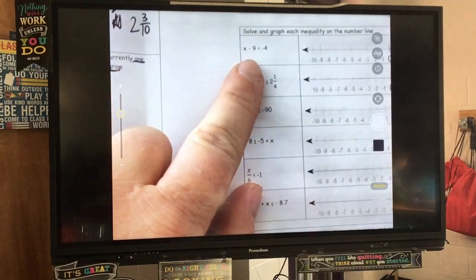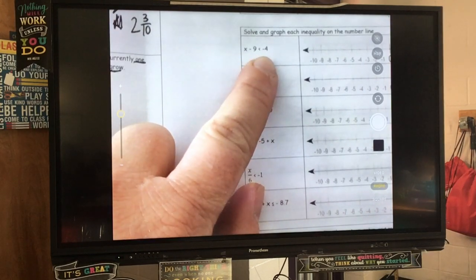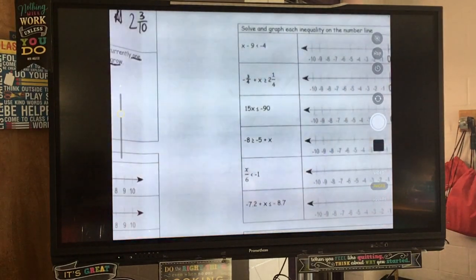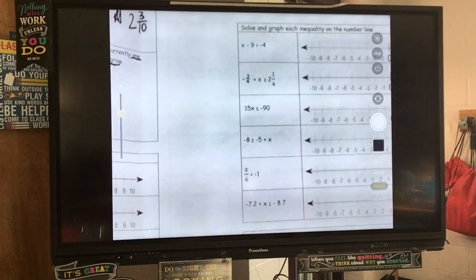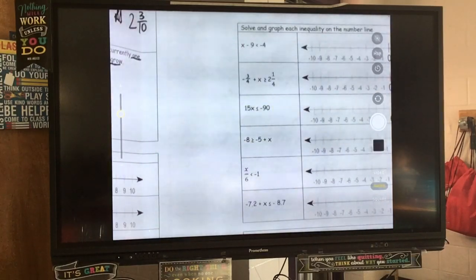For x minus 9 is less than negative 4, how do we get x by itself? What do we have to do? Are we doing something with the negative 9 or the negative 4? Andrew? What's the opposite of minus 9? So plus 9.